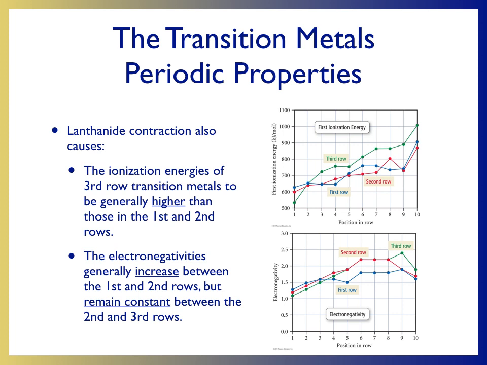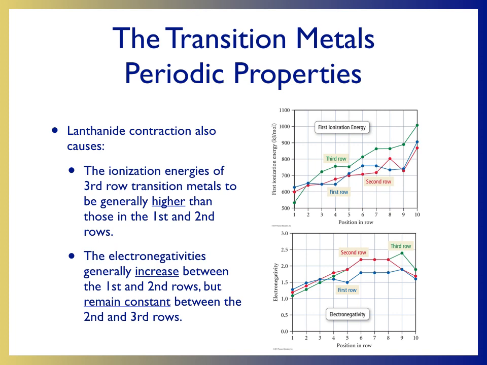Another interesting trend is looking at electronegativities, which we actually see decreasing from top to bottom down a group in main group elements. For transition elements, we see actually the opposite. If you go from the first row to the second row of transition elements, you see that the electronegativity actually increases.